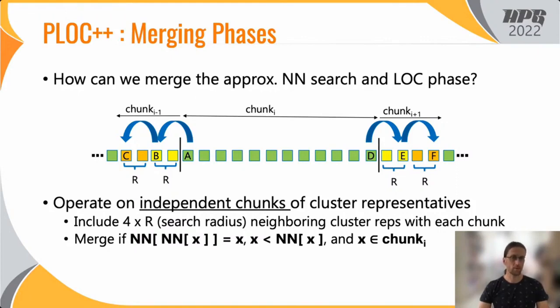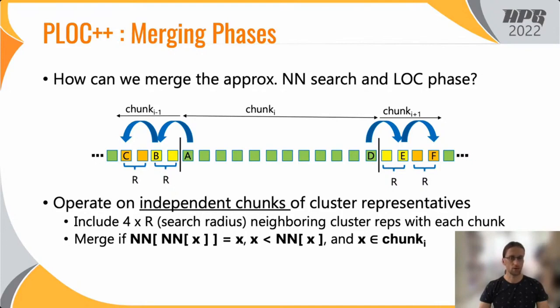In order to perform the locally ordered clustering step directly after the nearest neighbor search for a chunk I, we need to include additional elements to the left and right of this chunk. How much depends on the actual search radius, which in this example on the slide is set to 2. The additional elements are highlighted as orange in the yellow boxes to the left and to the right of this chunk. Now let's assume E would be the nearest neighbor of D.